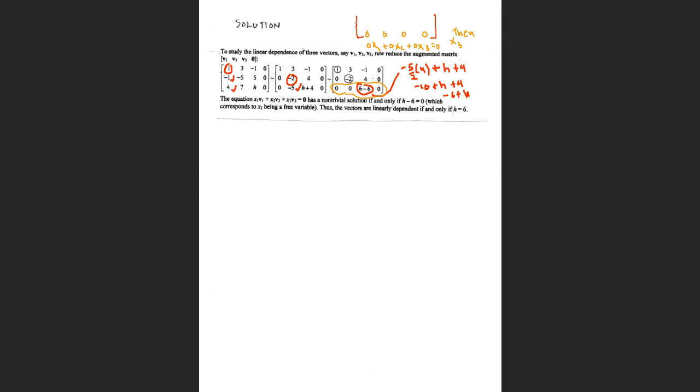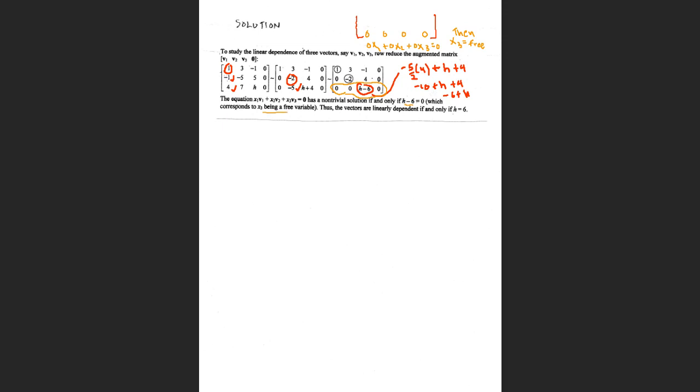Why infinite solutions, Balin? You're right, because x3 would be any number. It'd have to be a free variable. That's right. And then you would solve for x1 and x2. So that would only happen if h minus 6 were equal to 0. Right?